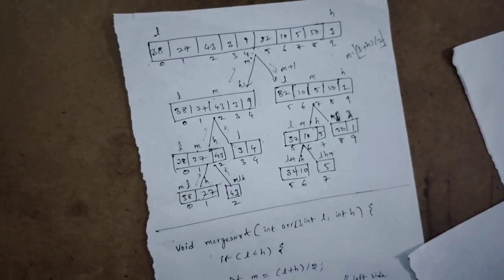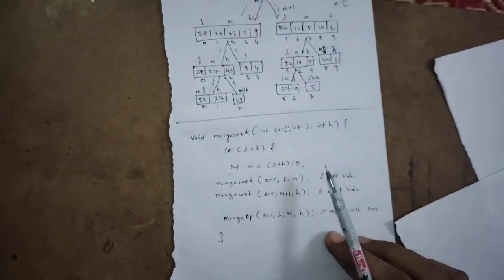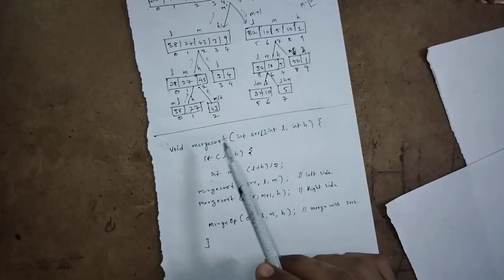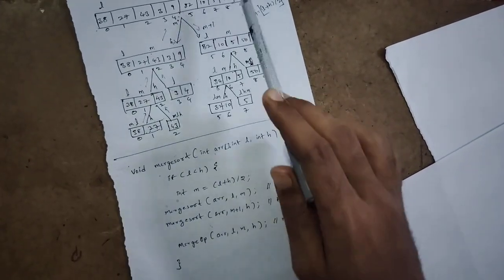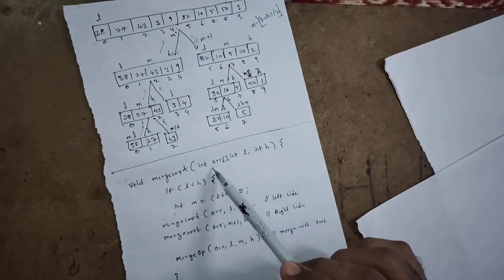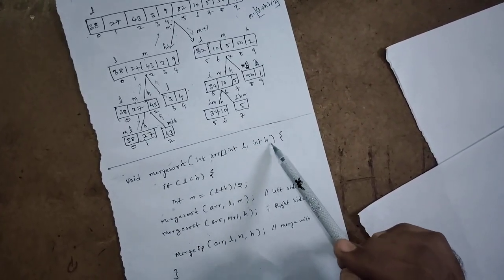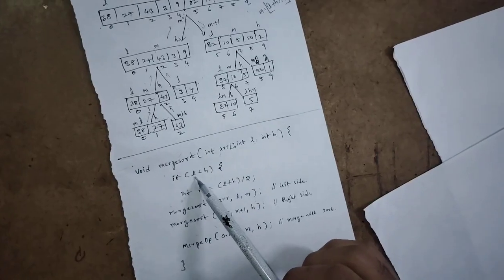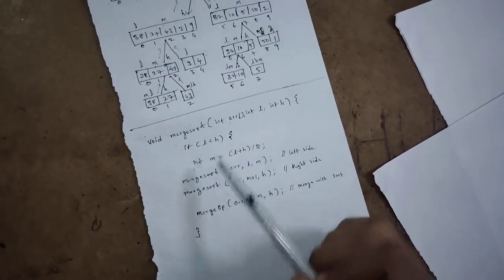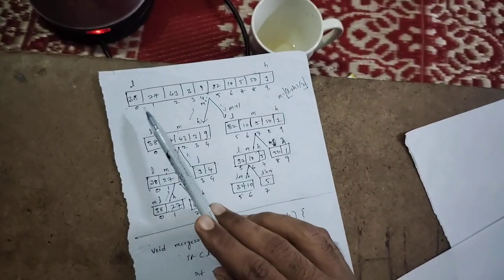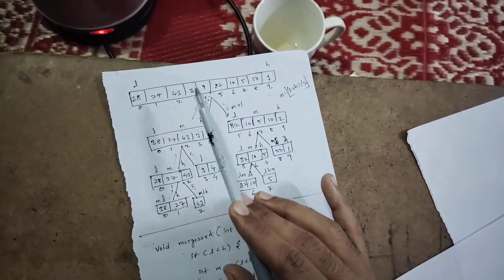It is void merge sort, this is our array, int array, int low and int high. If L is less than H, only then do this operation.